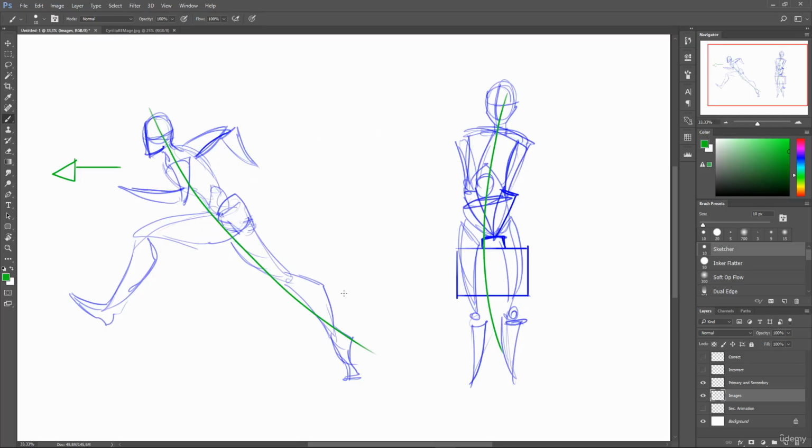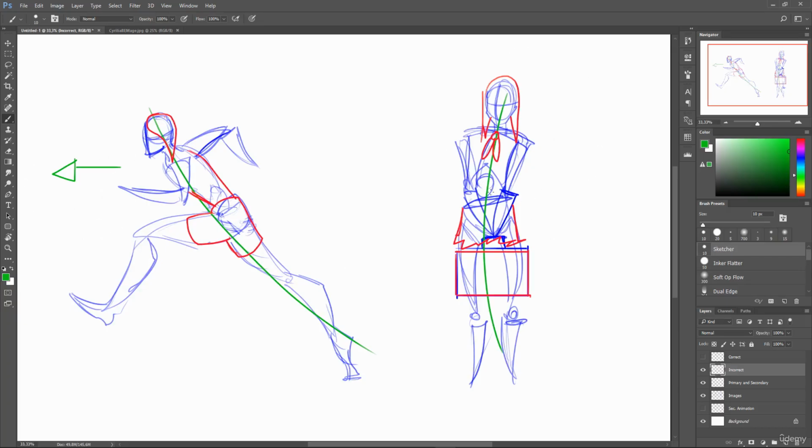A common mistake is for people to draw the secondary elements doing nothing. So here's our character running. We've got the hair in a static position, the shirt in a static position, and the pants are really in a static position. There is no mind paid toward perhaps these elements are moving as a secondary result of the primary force, right?